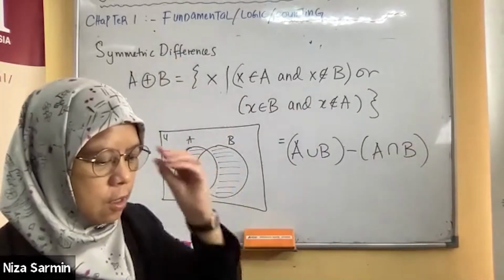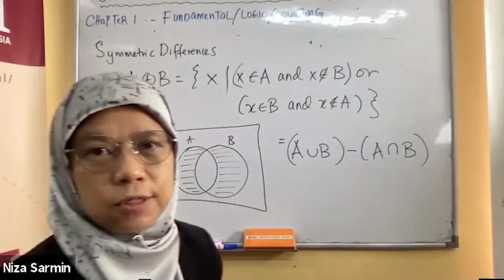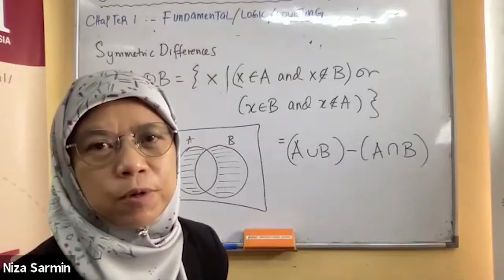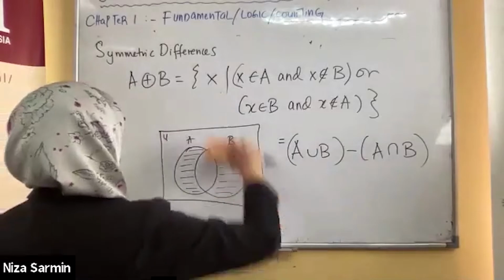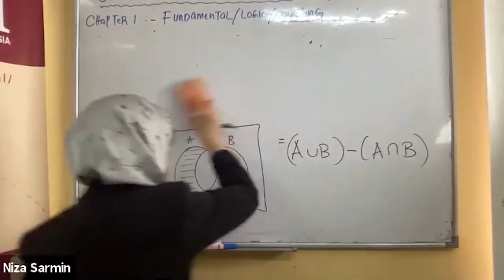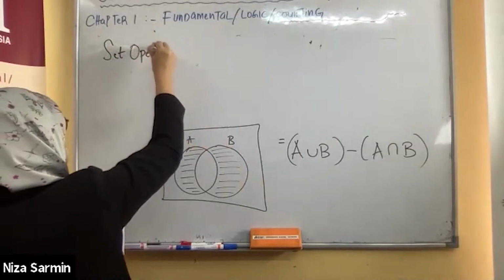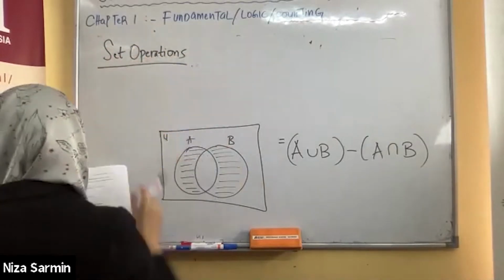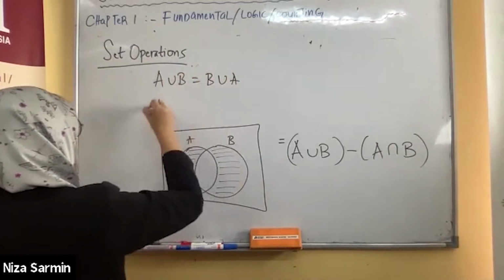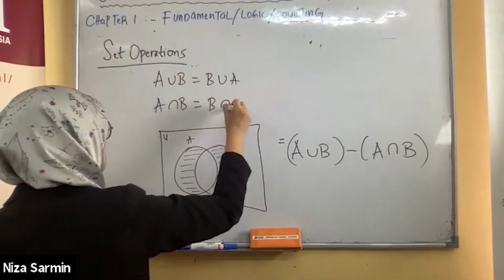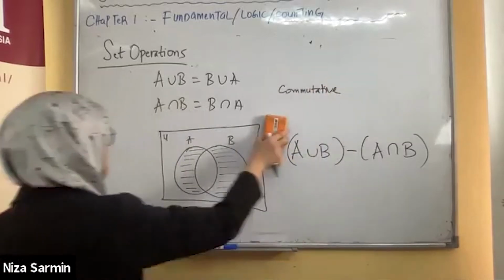Okay. Next are the algebraic properties that we have on sets, as we have on the normal operations of numbers, okay? Like commutative. So we go to the set operations. Right, so A union B is B union A, A intersect B is B intersect A. This is called the commutative property.